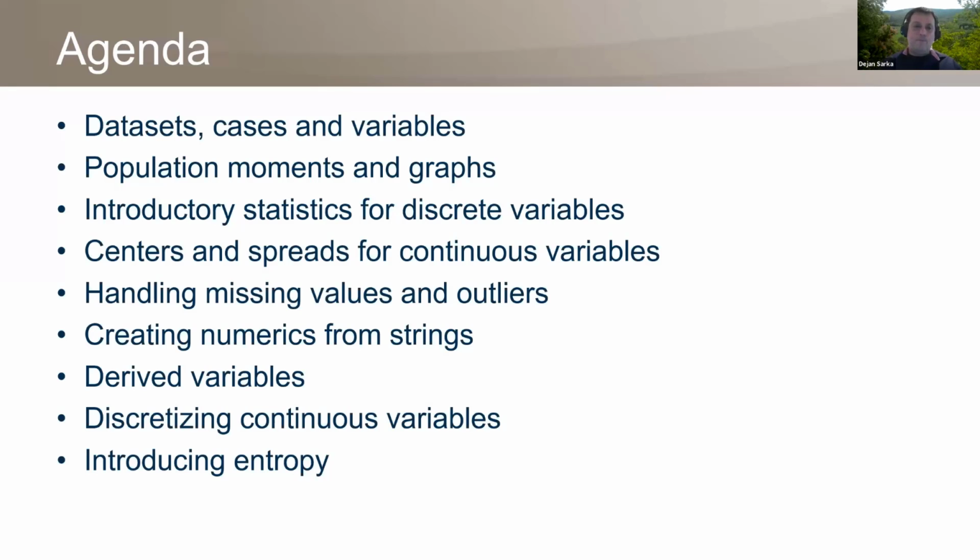And then I will talk about handling missing values and outliers, and classical tasks when you have to create numerics from strings, or add derived variables, or create discrete variables from continuous ones, maybe even strings.